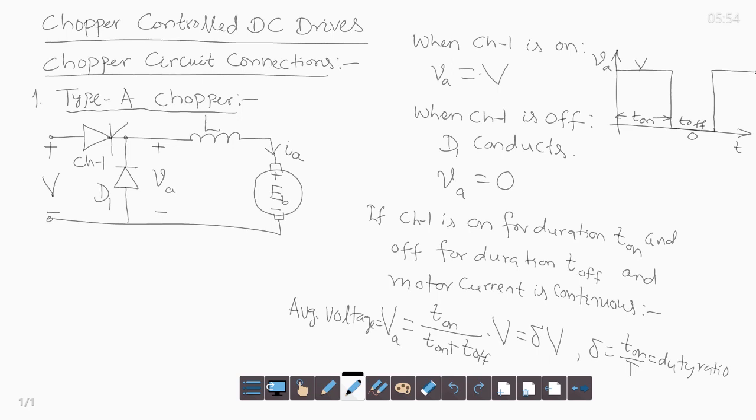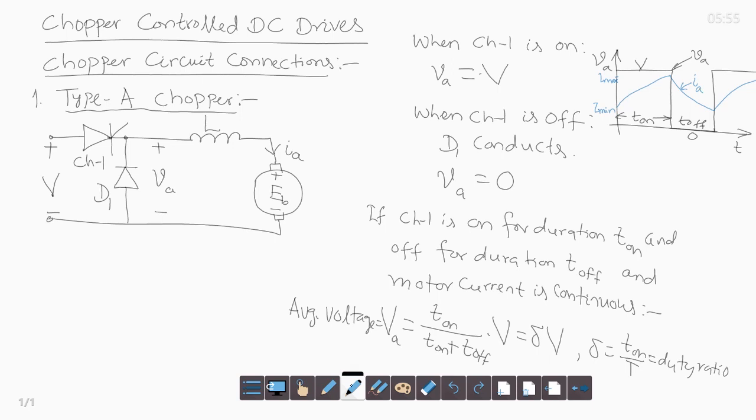If you want to know the current wave, this is the voltage VA waveform, and current is continuous. Current increases exponentially, decreases exponentially, and increases again. The current increase starts from I minimum and goes up to I maximum. So this is the current waveform, with exponential increase and exponential decrease.